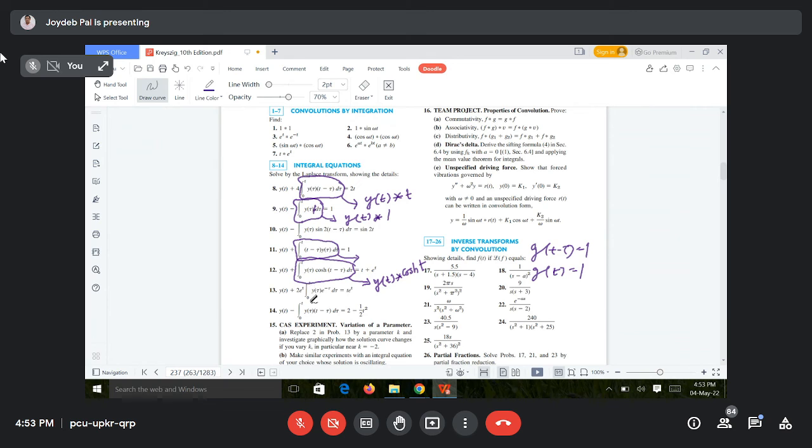It is integration with limit 0 to t. So it is not exactly of the form f tau g of t minus tau. But here you can see e to the power t is outside. So you multiply it inside with e to the power minus tau. Then it will be e to the power t minus tau, a function of t minus tau. You get it or not?